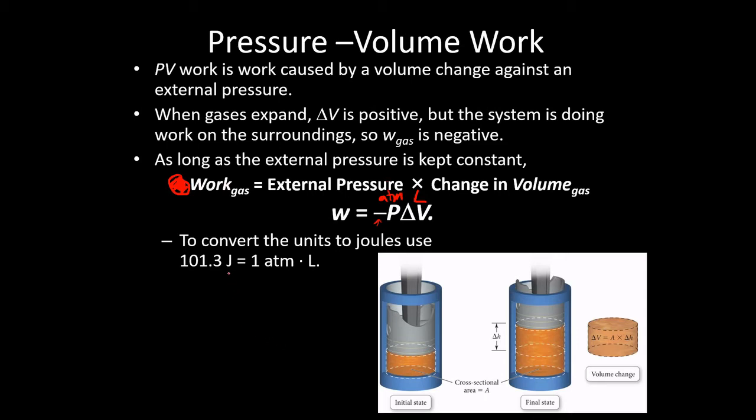We would like to use joules instead, though, and so we have a conversion factor here to convert from liter atmospheres into joules. So 1 liter atmosphere is the same as 101.3 joules.